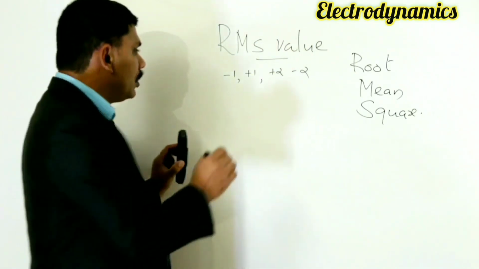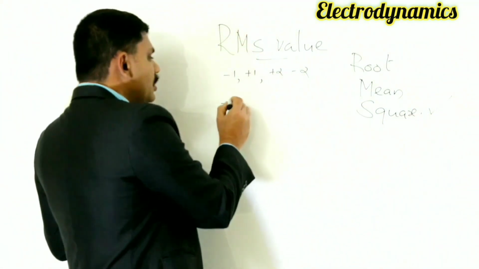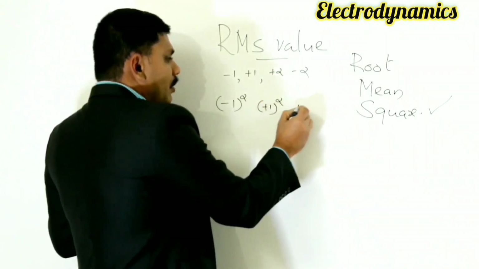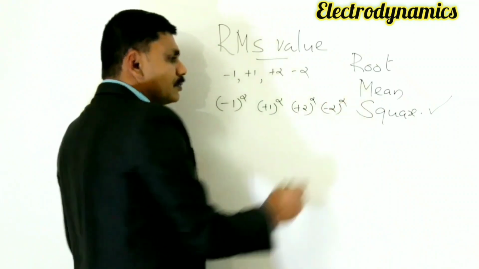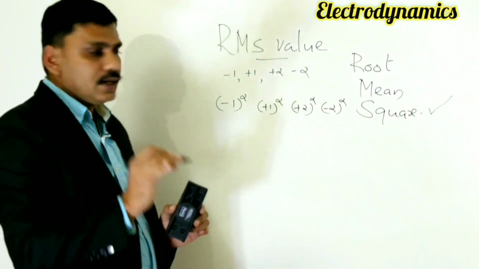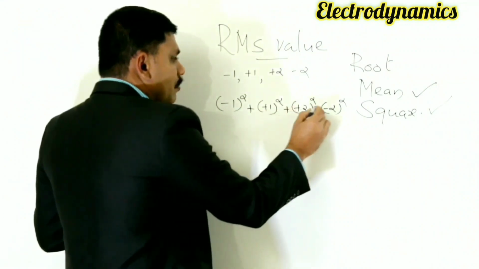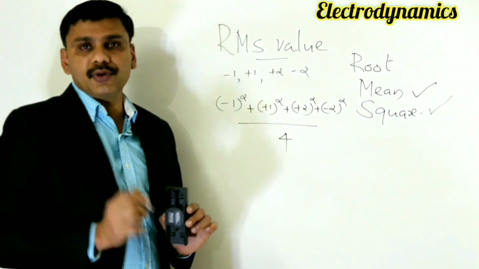What do you have to do? You have to first square these: minus 1 square, plus 1 square, plus 2 square, minus 2 square. Then take the mean value, that is, divide by 4.